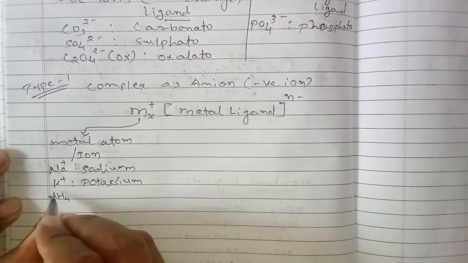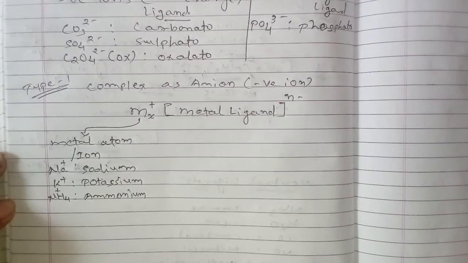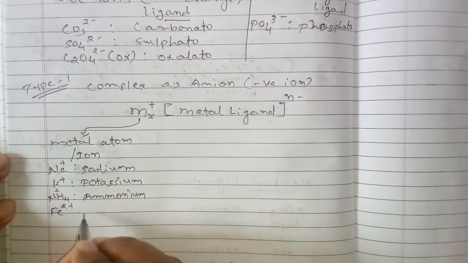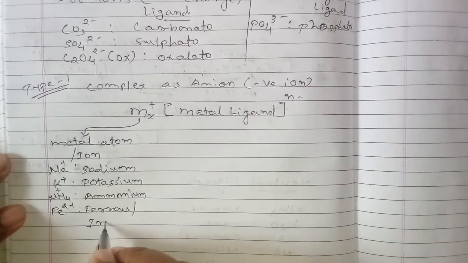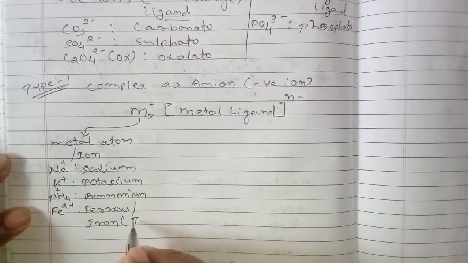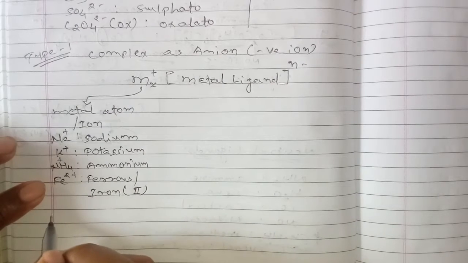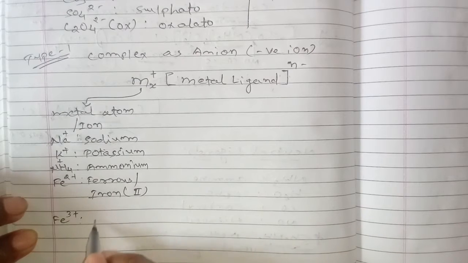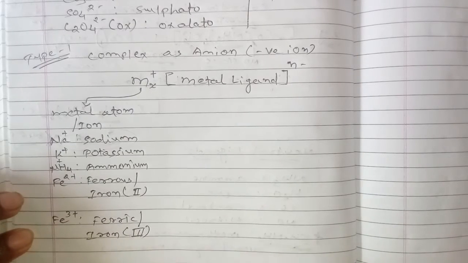For NH4, it is ammonium. Fe2 plus is ferrous, or iron, but its charge is plus 2 because it has two different valencies. And in case of Fe3 plus, it is ferric, or written as iron 3.